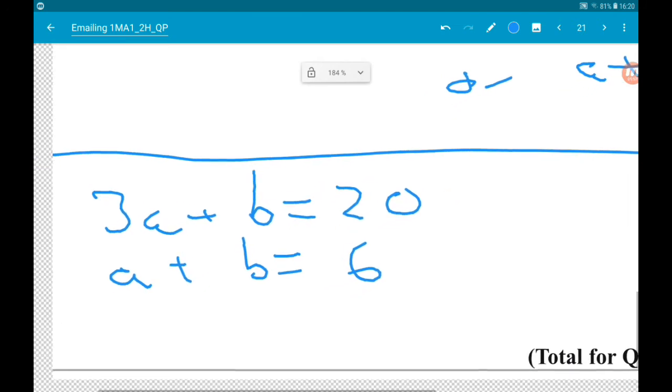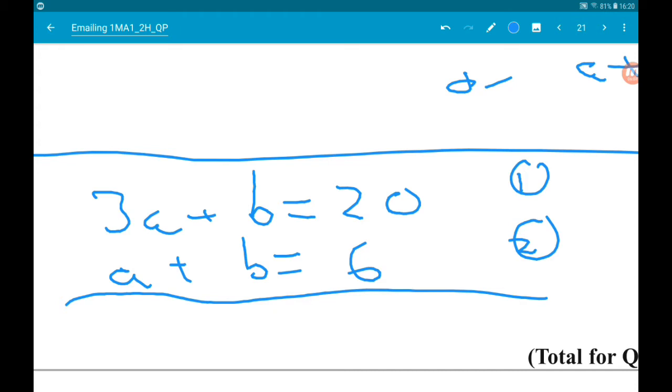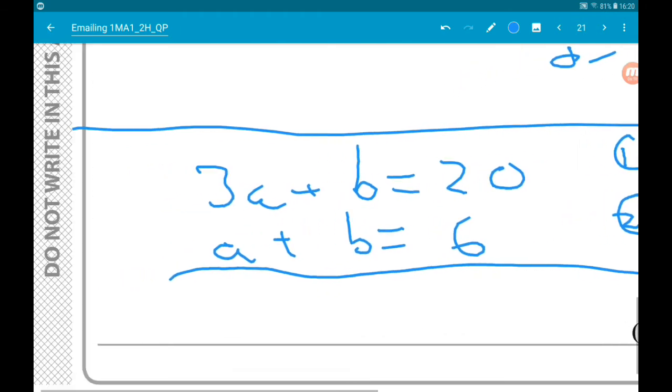So, if we call the equations 1 and 2, both of them have a single b, so we can get rid of that by doing 1 minus 2.